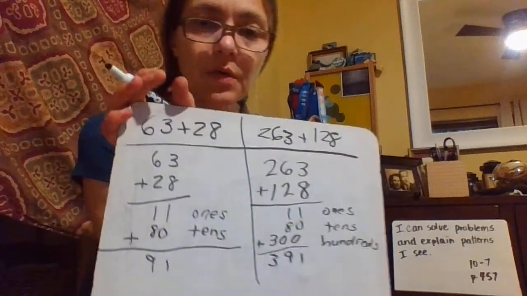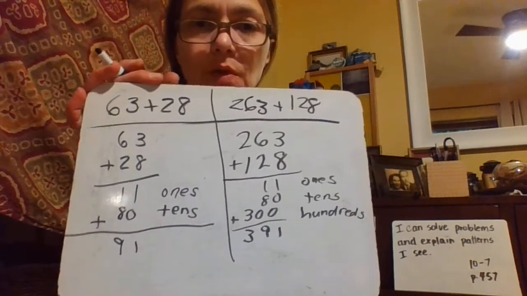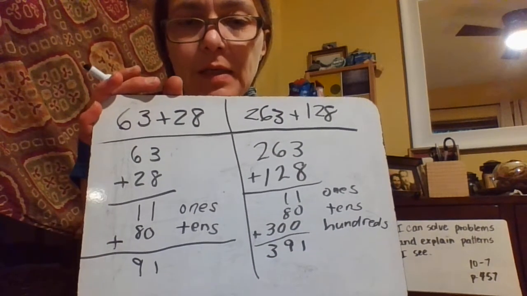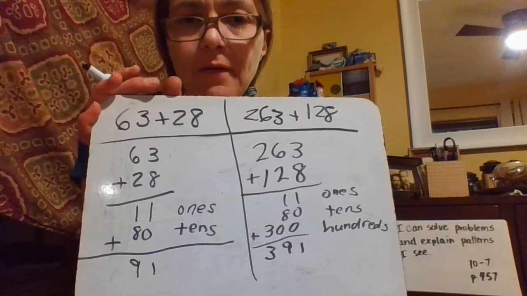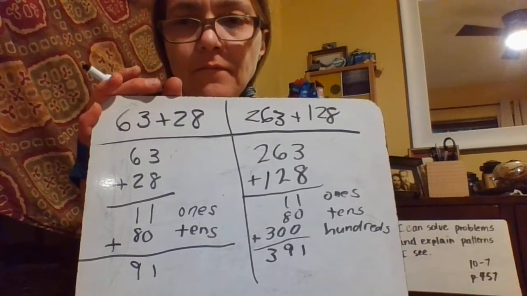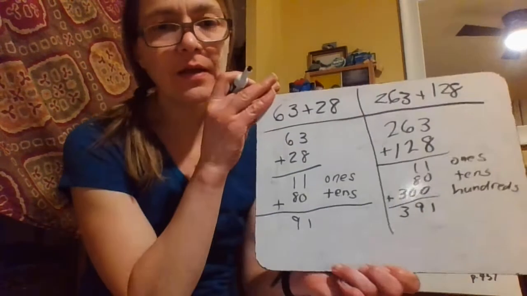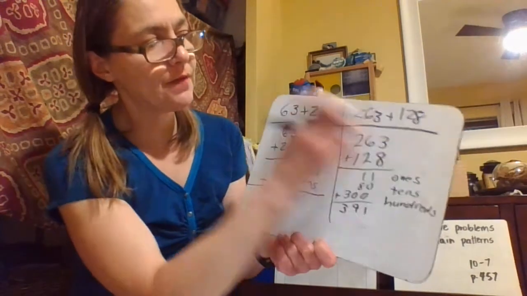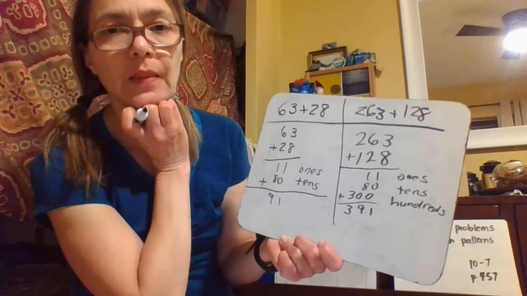So what do we notice? What are the similarities that we notice? What are the patterns we notice? Take a second to think about that. Okay, so here we have a 2-digit number, and here we have a 3-digit number, and that's what's different.